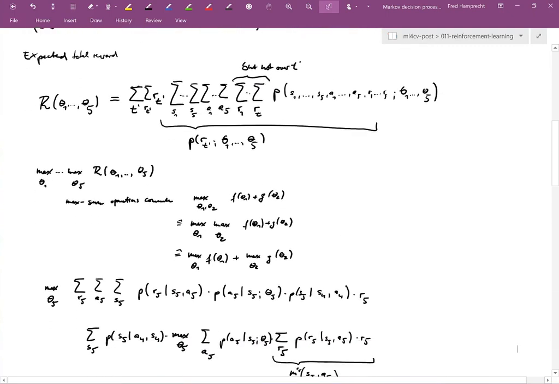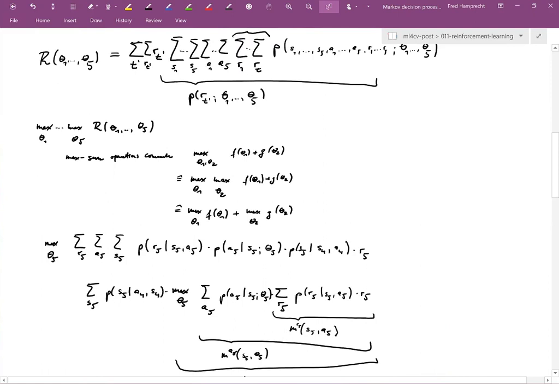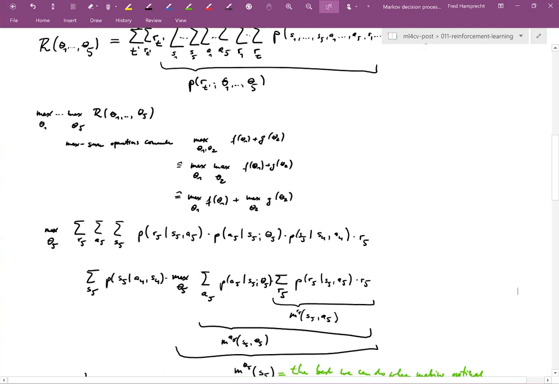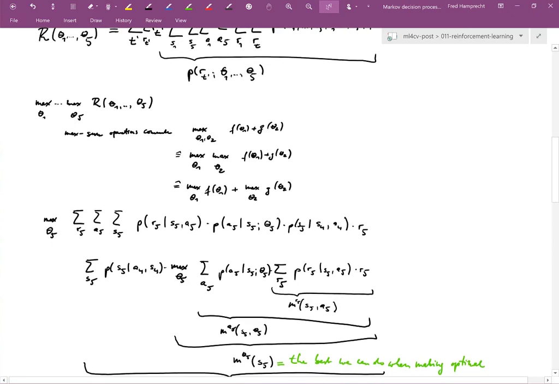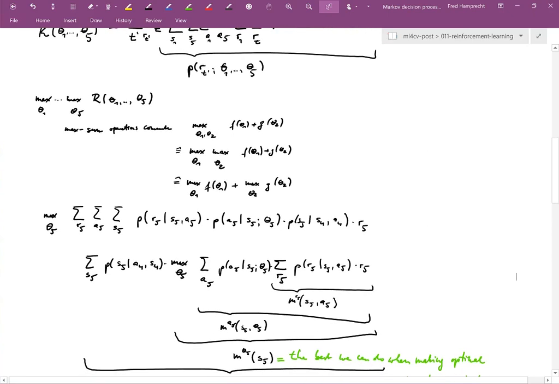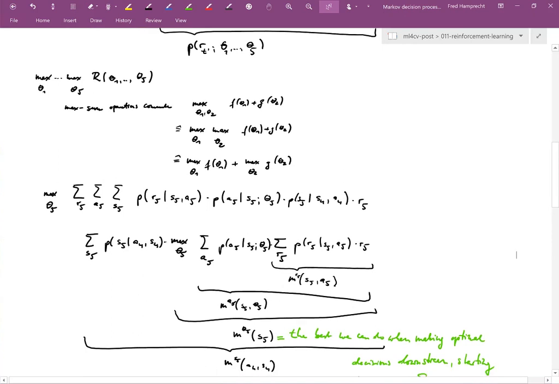Okay. So we have a set of maximizations and we have a set of summations, and in these maximizations, we will now try and push as far in as possible. This is something that we did when we were discussing belief propagation at the time.